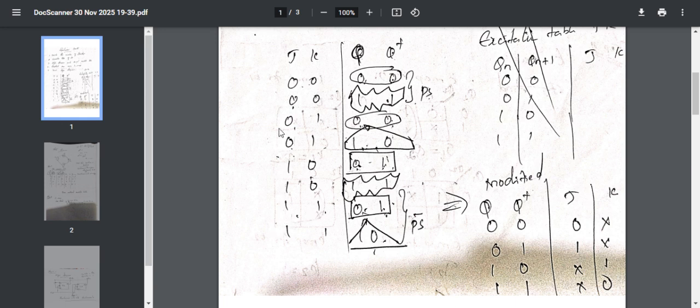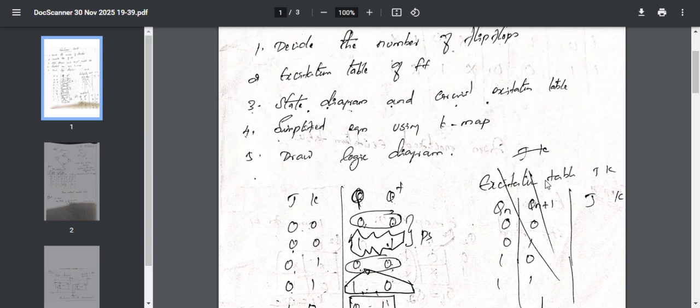The first place is changing, so you get x1 as output. Finally 1 1, where the input is 1 1 in both places. The output here is 0 0 and here it is 1 0. The first place is changing, so it is marked as x0. I hope you got this modified table. Now we have got the second step, that is the excitation table of the flip-flop.